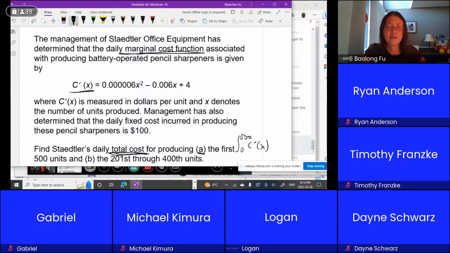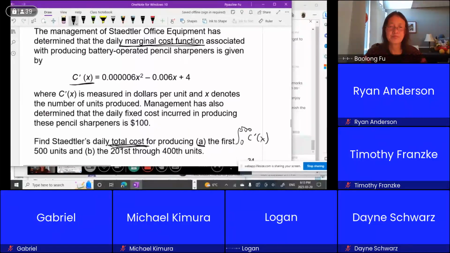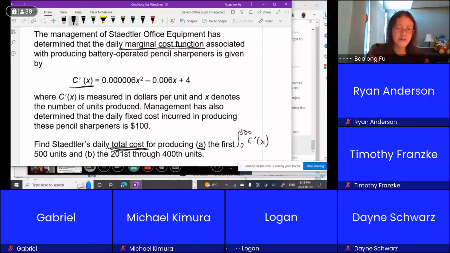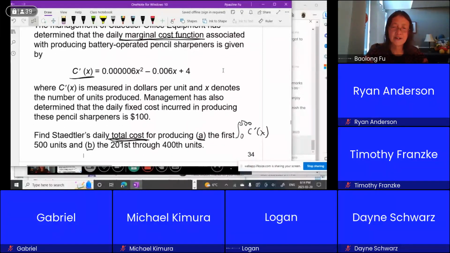That is the formula for A. Question B: what is the total cost for going from 200 to 400?